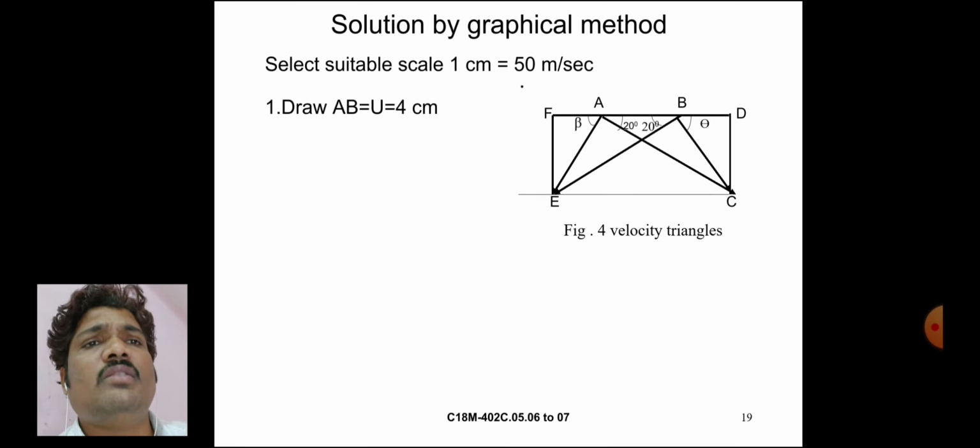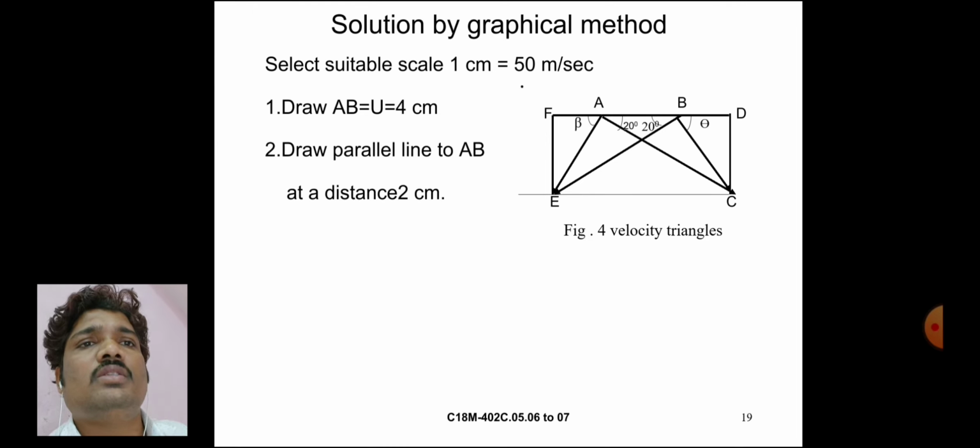AB is the blade velocity, U is equal to 4 centimeter. Draw parallel line to AB at a distance 2 centimeter.